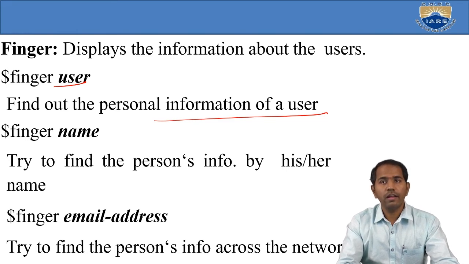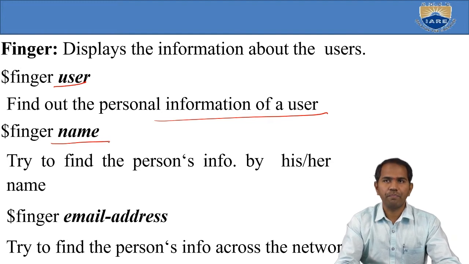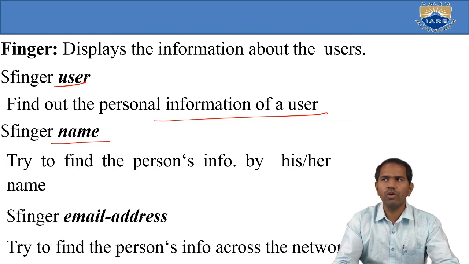I want to know the name, so finger is a command and then give the name. Try to find the person's information by username. So through a name, we can find the person's information.